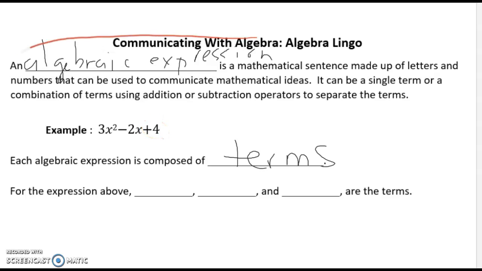So these are the terms of the expression. So we have the 3x squared, then we have 2x, and then we have 4.